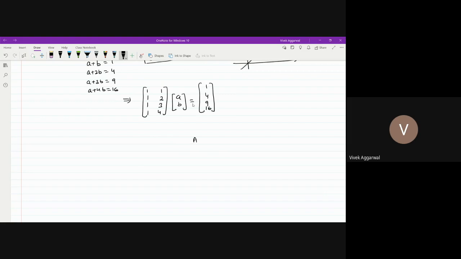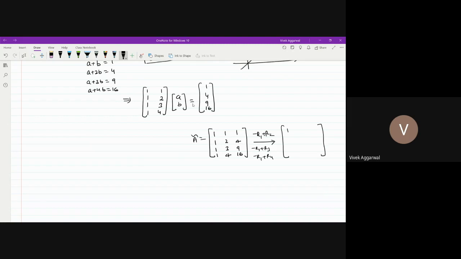So let's take the augmented matrix here. It is 1 1 1, 1 2 4, 1 3 9, 1 4 16. Now suppose I want to reduce it into echelon form, then I take minus R1 plus R2, minus R1 plus R3, minus R1 plus R4.